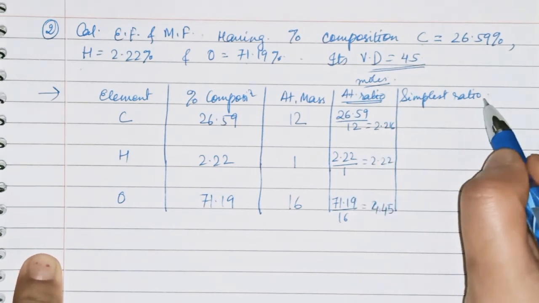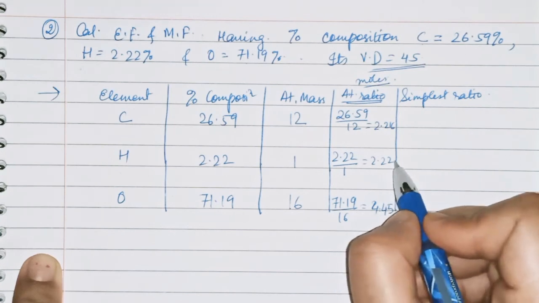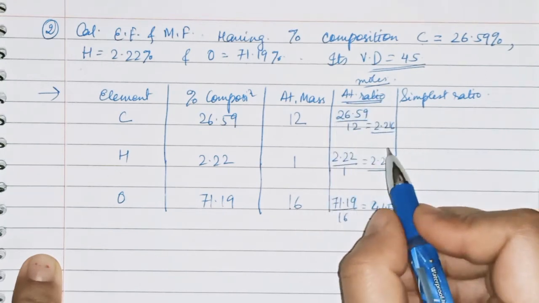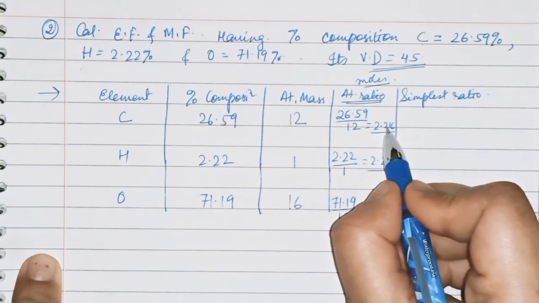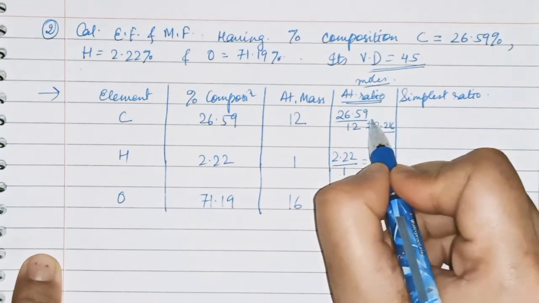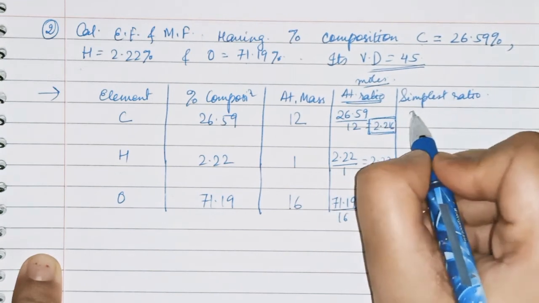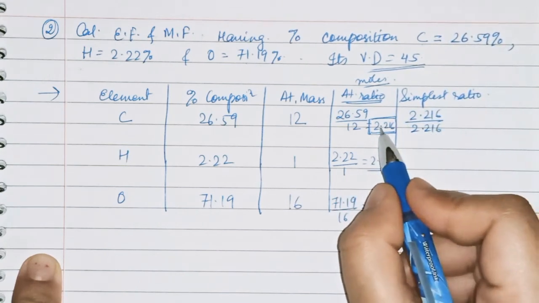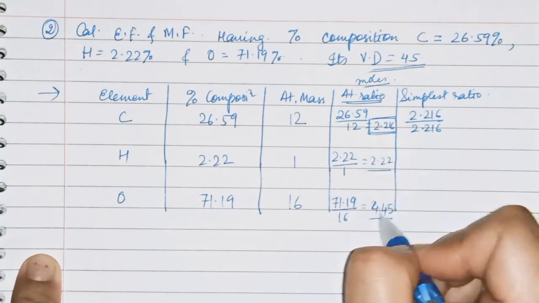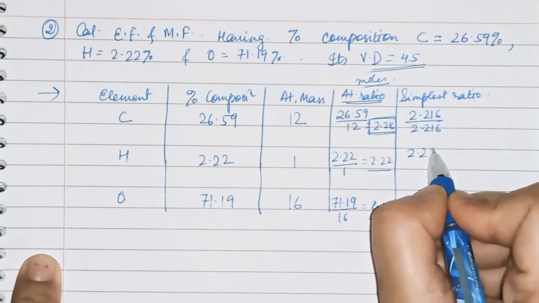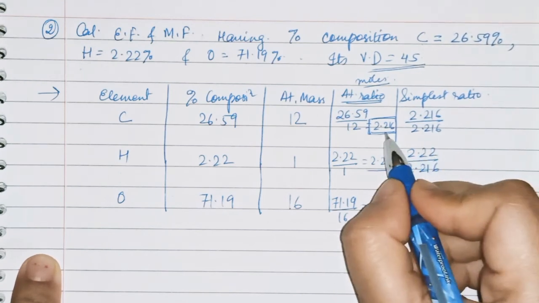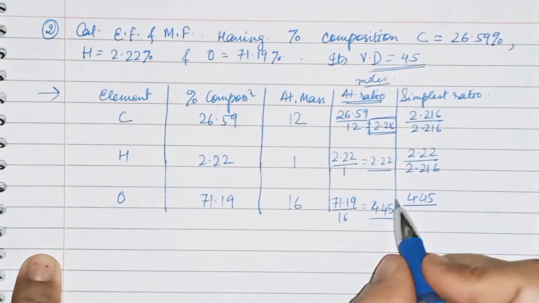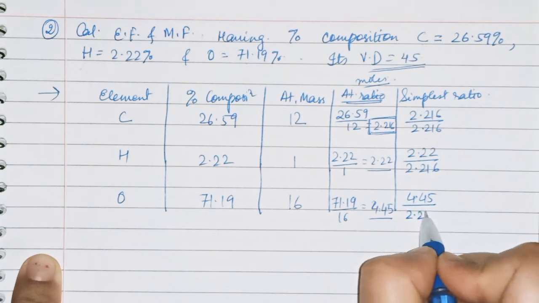Now children, for the simplest ratio, you will take the smallest value which comes after this calculation. So the smallest ratio is 2.21. So you will divide 2.216 upon 2.216, and because this one is the smallest among these three, all of these values will get divided by the smallest value. 2.216, 4.45 is again divided by the smallest number, 2.216.